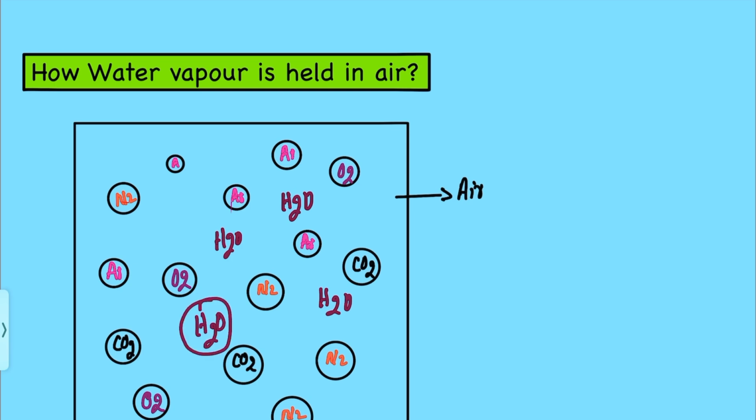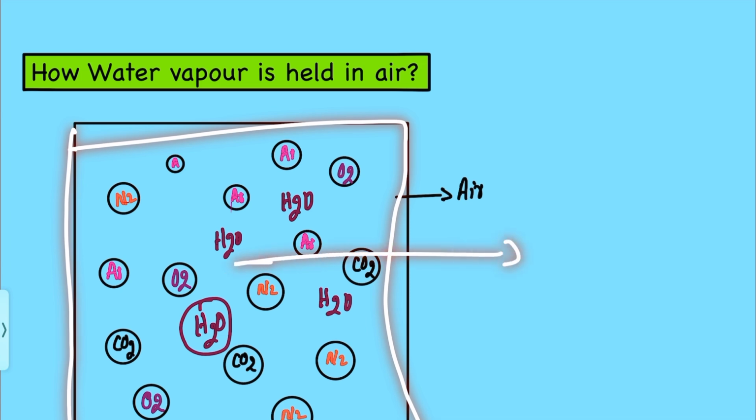Now, one thing I want to explain next is what are the factors on which the capacity of air to hold moisture depends, right? For example, let us assume that this is the atmosphere, and it contains a certain amount of water vapor.